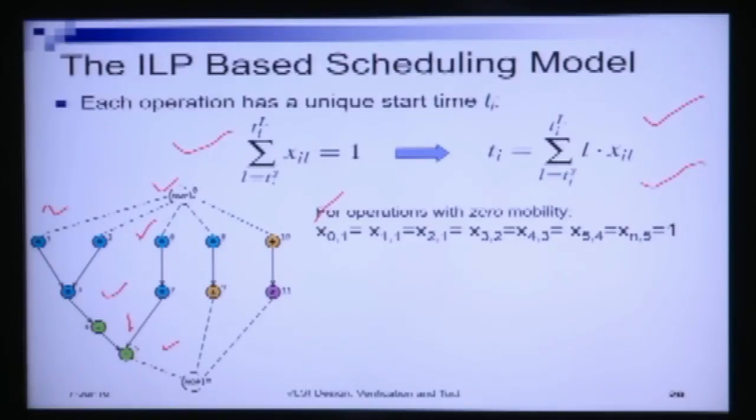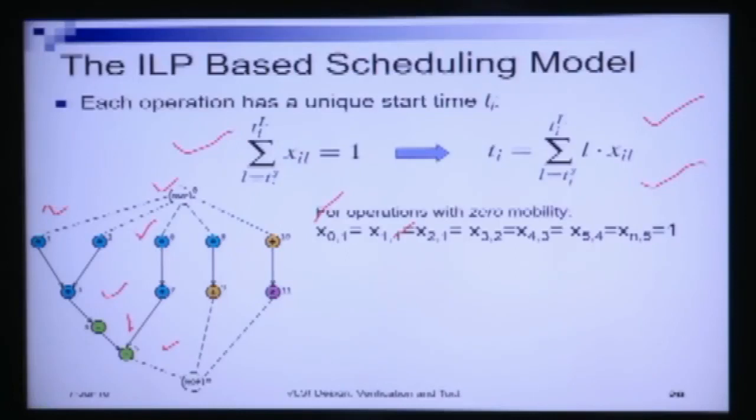We are seeing that x_01, which tells me that the 0th operation in time step 1, should be 1. x_11 tells me that the first operation in time step 1 should be 1. For any other time step it should not be 1. The second operation should also be scheduled in time step 1, and hence x_21 equals 1. x_32 equals 1. Why?